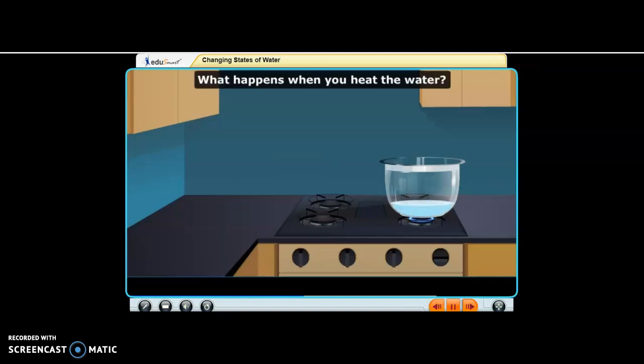What happens when you heat the water? Let's make another prediction. What do you think will happen once the water begins to heat up? The initial state of our materials was ice cubes. In its initial state, it was a solid.